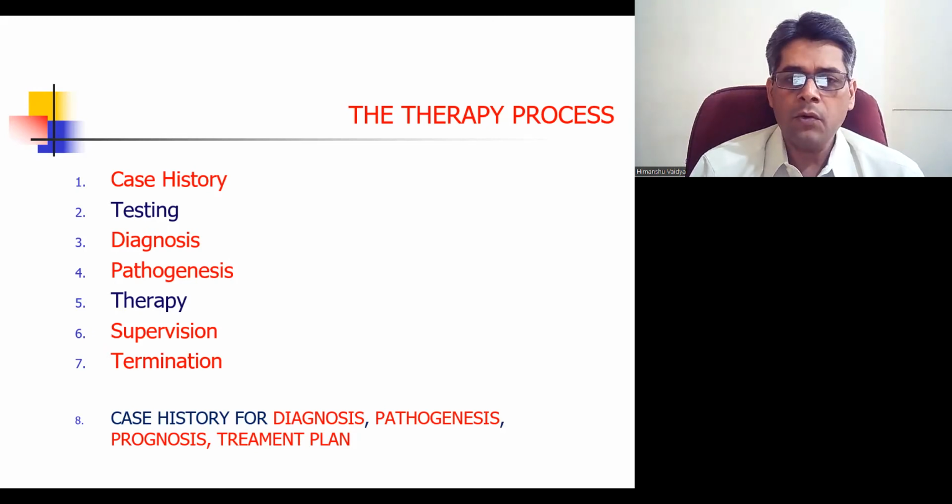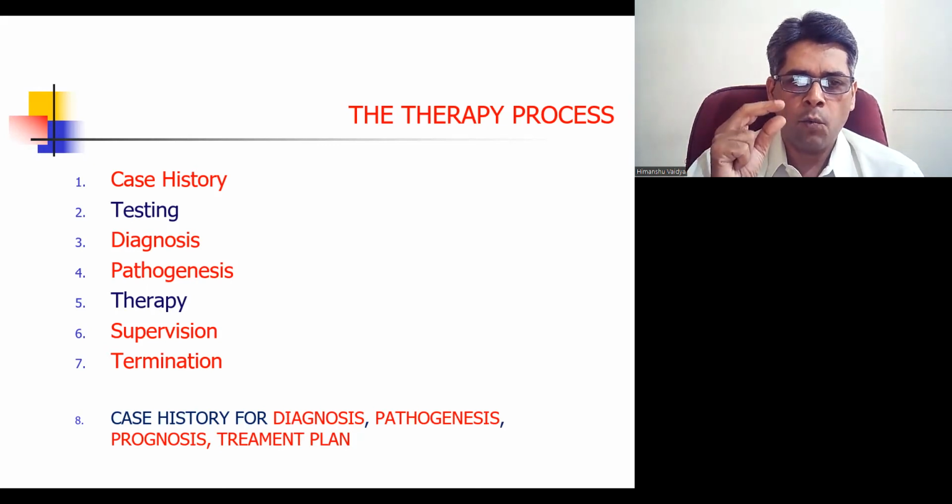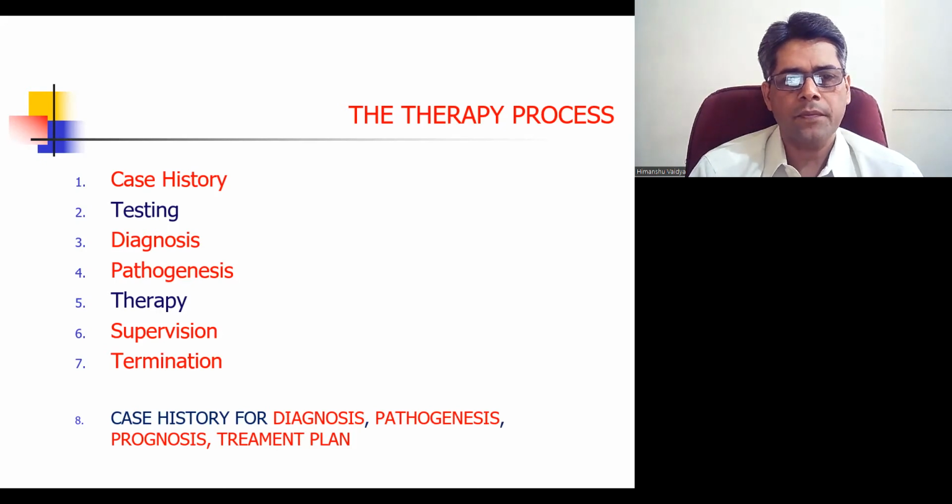Here we have to rely upon the school in which we are trained. If we are trained in the Freudian psychoanalytic school, our pathogenesis of the problem will be different. For example, take depression. If the diagnosis is depression, then the Freudian school will have a different explanation of why depression happens.